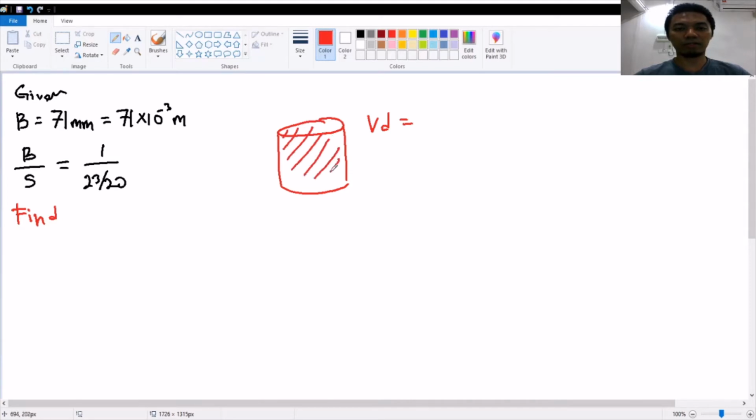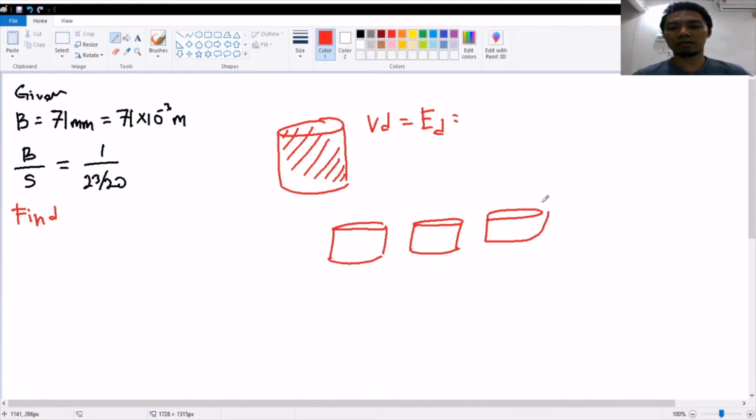Because that engine has one cylinder, the VD and engine displacement have the same value. Okay, it is different with a car or an engine that has more than one cylinder. For example, your car has 4 cylinders. This is a 4-cylinder engine: 1 cylinder, 2 cylinder, 3 cylinder. This is just like lecturing, right?